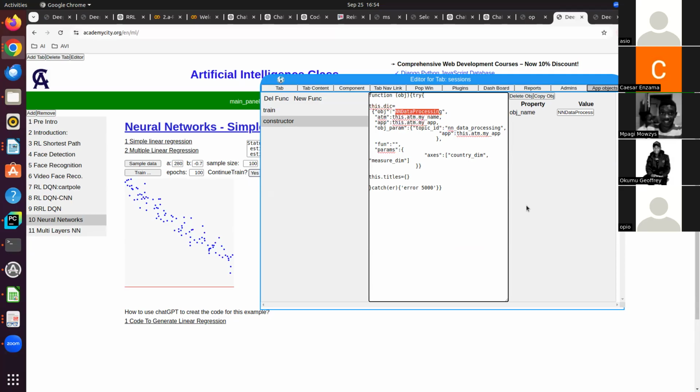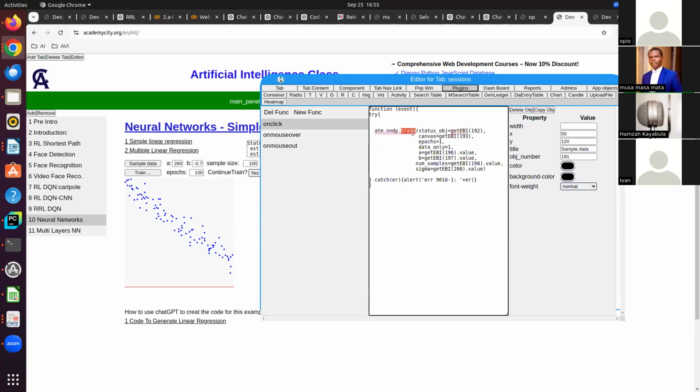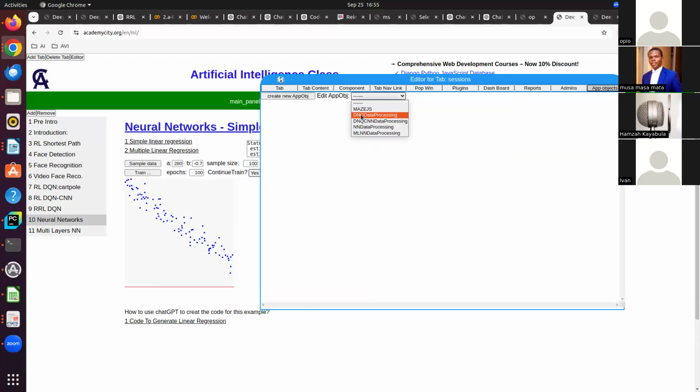When it gets to Python, it does whatever function I'm asking it. So what I'm really asking it is to activate a function called train. And this train is basically going to activate this train function on here.